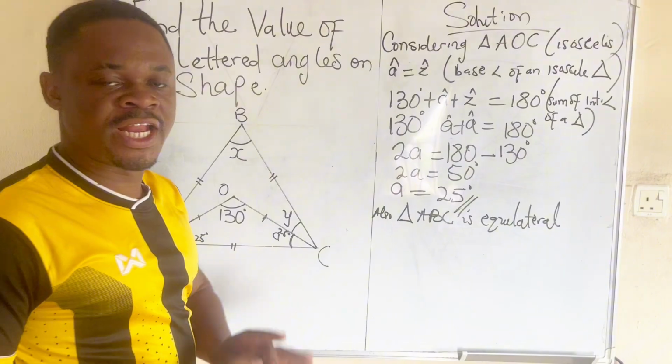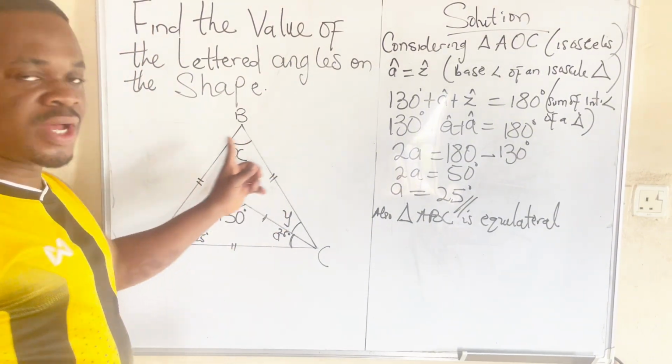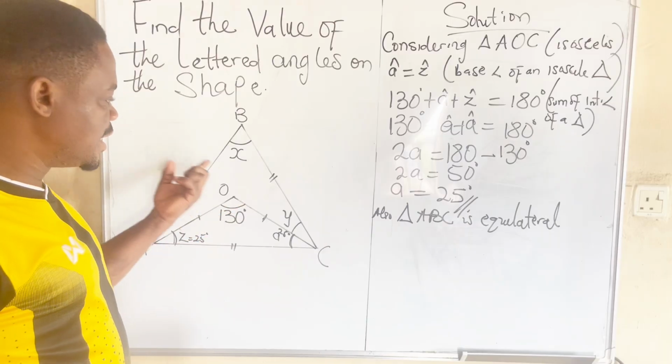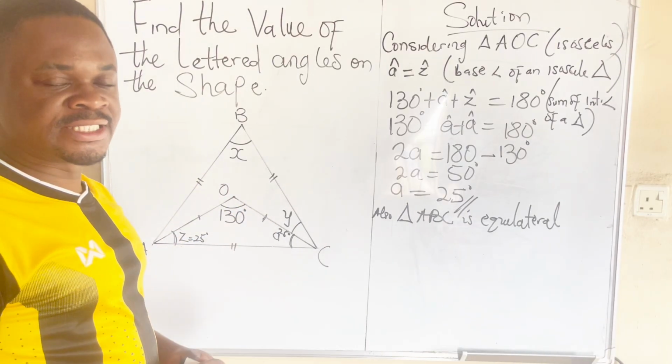One of the properties of an equilateral triangle is that all the sides are equal and all the interior angles are also equal, which is 60 degrees.